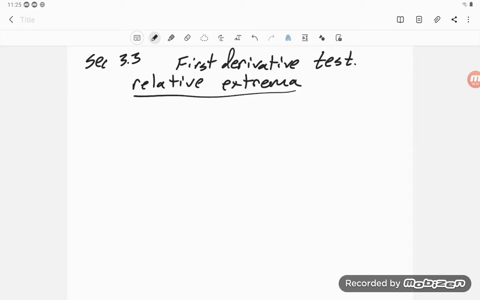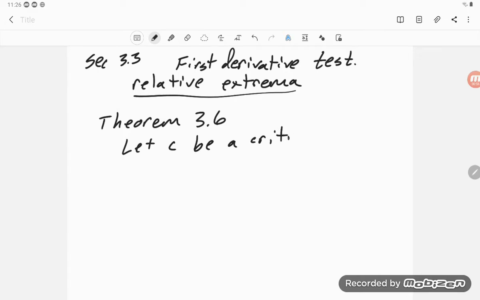Now, they have a theorem number here, Theorem 3.6. And they say, let C be a critical number. That means that either the first derivative of the function is 0 or it's undefined.